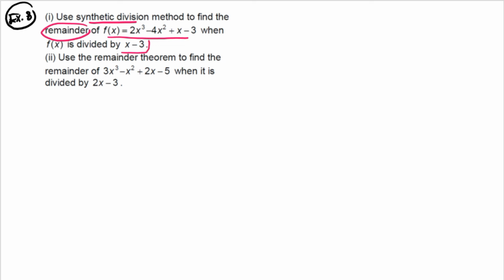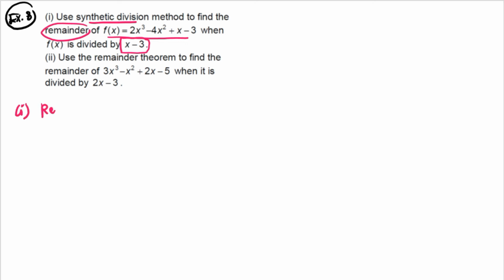There are many methods to find the remainder of this polynomial when divided by that. But if you want to use synthetic division, then you have to use synthetic division. If the question asks you to use the remainder theorem, then you have to find f of positive 3, and then you get the remainder.